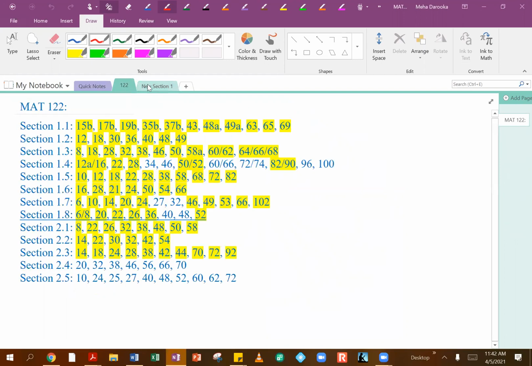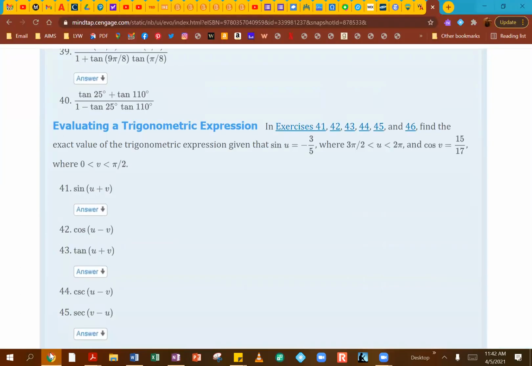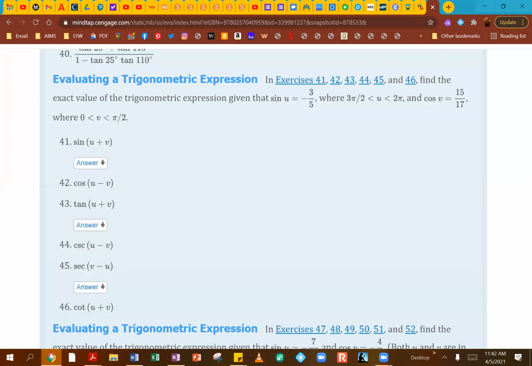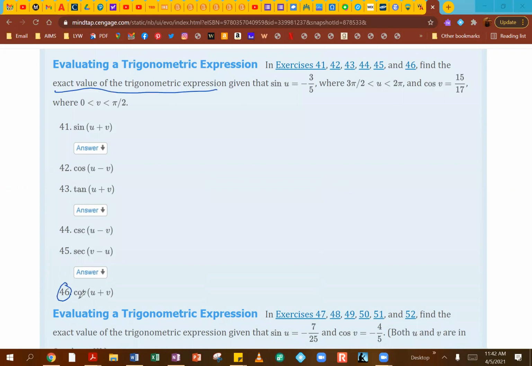Very good. Let's see. The next example I have for us is 46 over here, and this one is a little bit of a different type of example. So look at the instructions that we have here. They're telling us to find the exact value of the trigonometric expression, which for us is cotangent of u plus v.